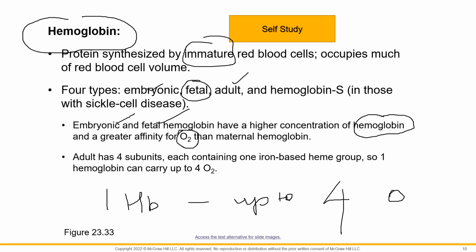Hemoglobin and red blood cell are not interchangeable terms. Each red blood cell has millions and millions of hemoglobin molecules. Out of all those hemoglobin molecules, each hemoglobin can further hitch up to 4 oxygen molecules.